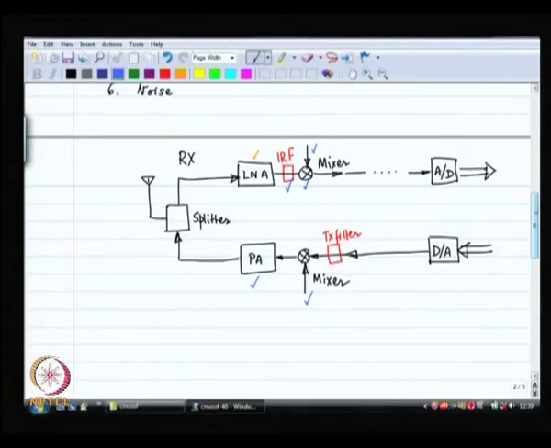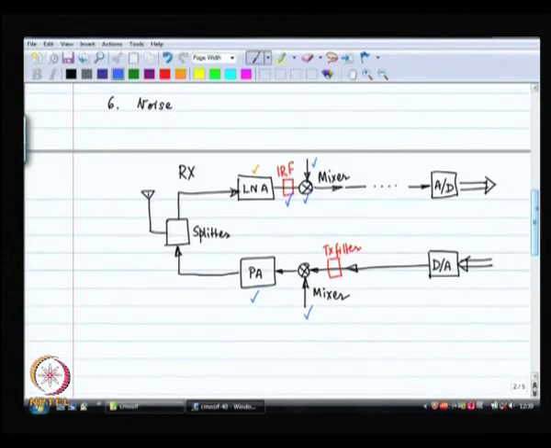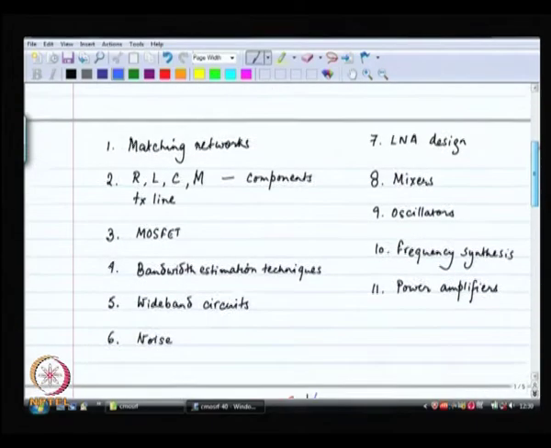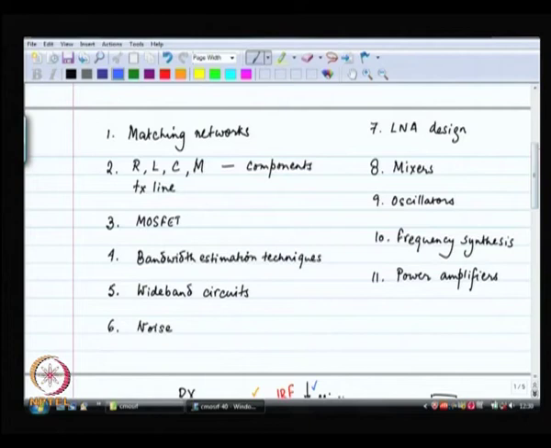So, this is as far as the building blocks of the RF system are concerned, but before that, to work on all of these, we studied some of these tools. The first tool that we studied was matching networks. Q of a network was something which we discussed at length. How to convert a series LR network to a shunt LR network, how to convert a series RC network to a shunt RC network, and so on and so forth.